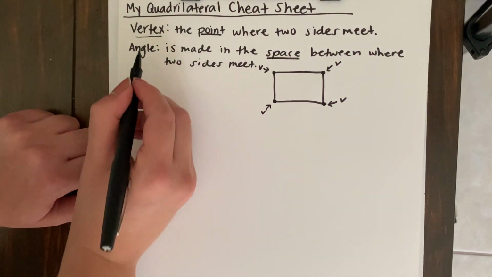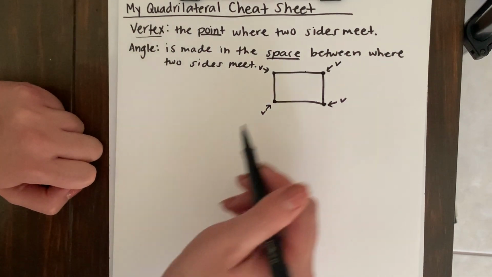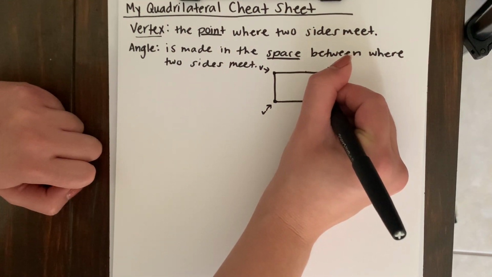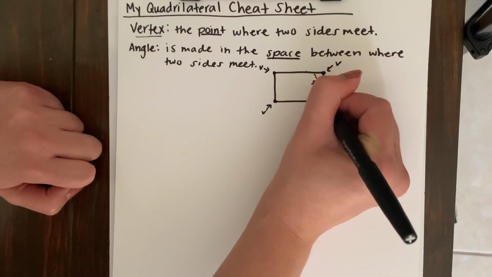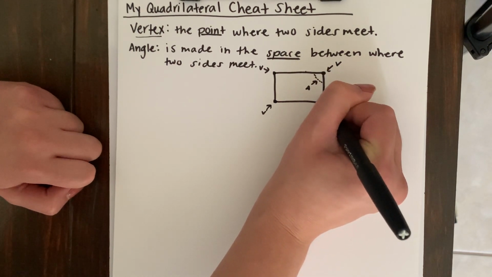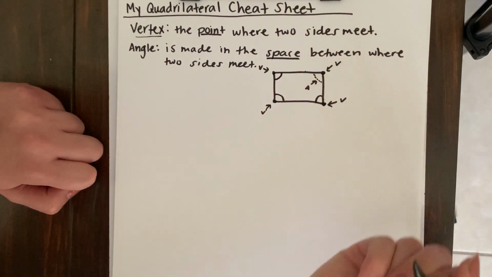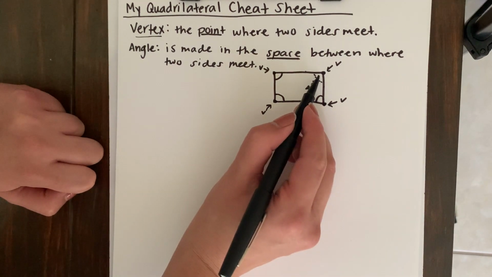Okay. Now the angle is the space created in between, which is usually on the inside of a shape. So inside here, this space right here is the angle. So that's all of these inside. And you often see them either rounded like that, or sometimes there's little squares in them, but that's the inside corner of a shape.